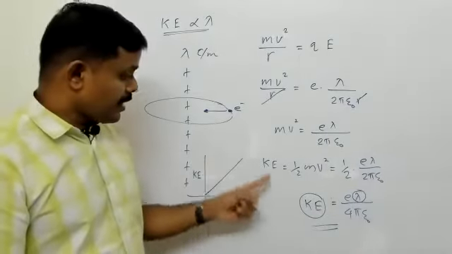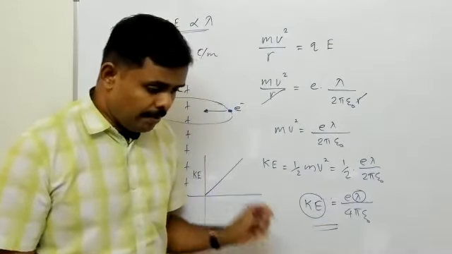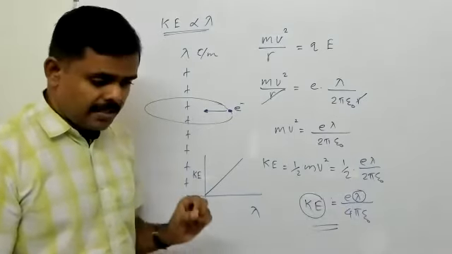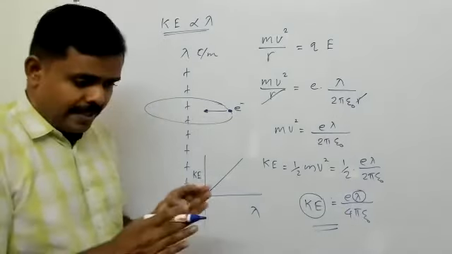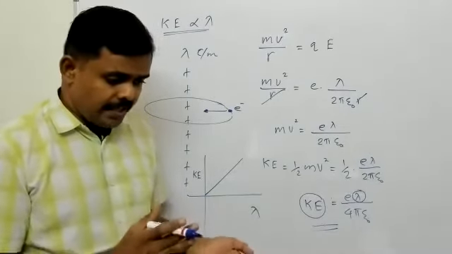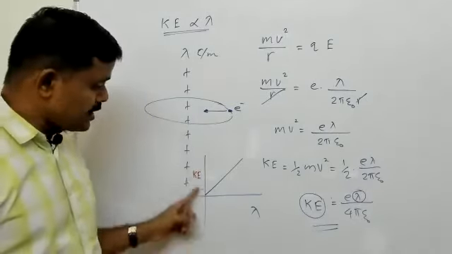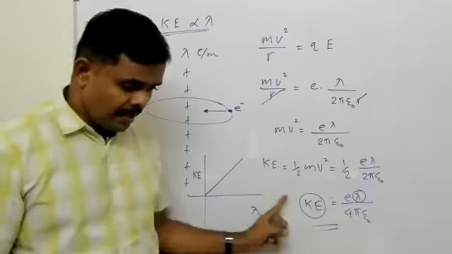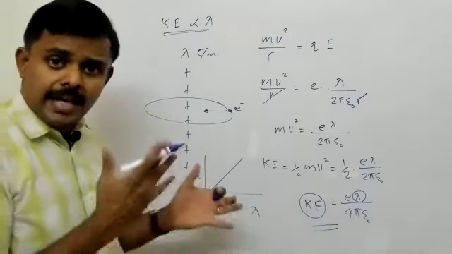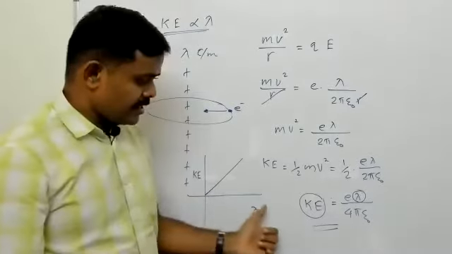Look at this. Kinetic energy is equal to e lambda by 4 pi epsilon 0. Kinetic energy as a function of charge density means kinetic energy is on the y-axis and lambda is on the x-axis.